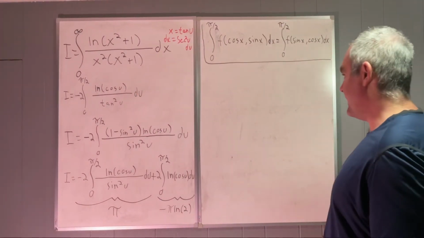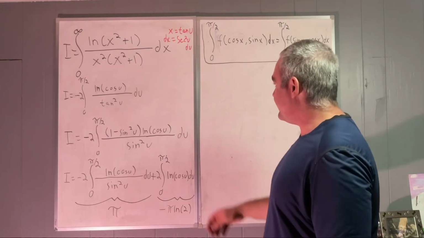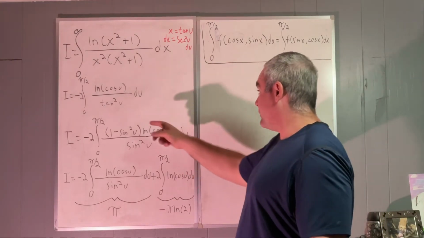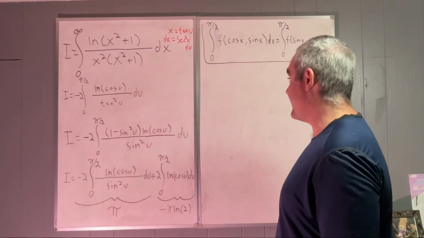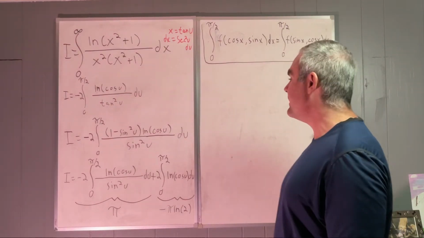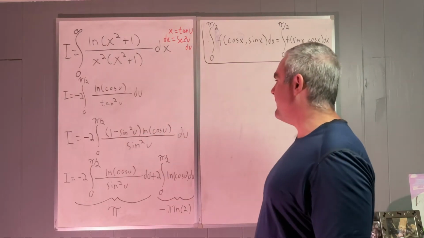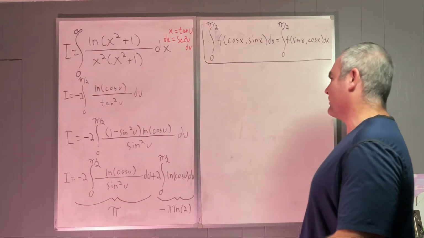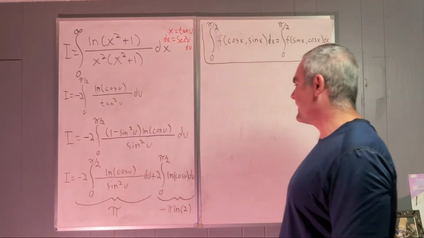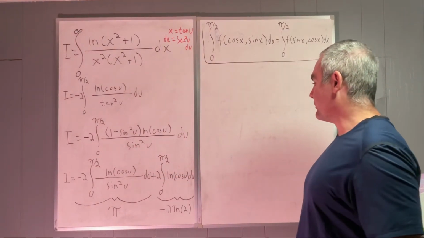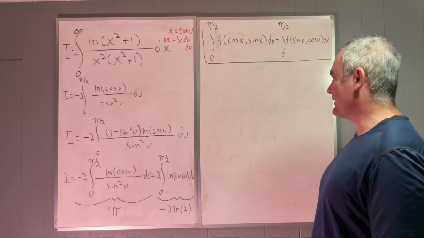In the next step, all I did was multiply the top and the bottom of this by cosine squared u, and then used the fact that 1 minus sine squared of u is equal to cosine squared u to get this. Then I distributed and rewrote it as two separate integrals.